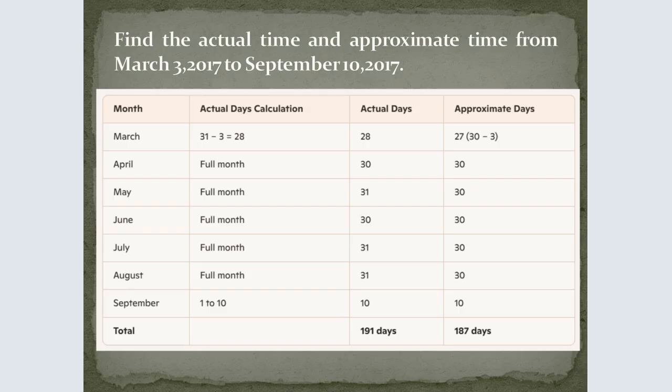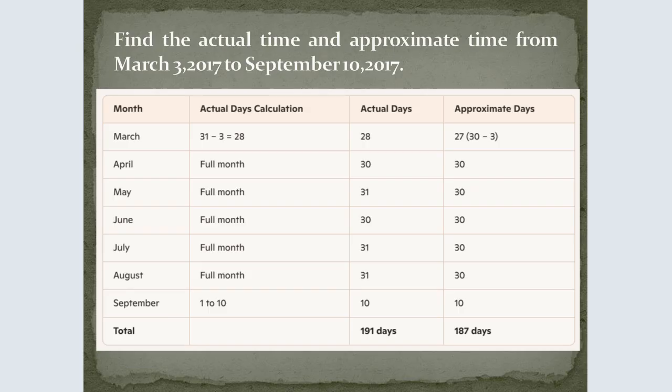So for the actual days, we have 28 for March. Then for the approximate, we use 30 days minus 3, so that will give us 27.